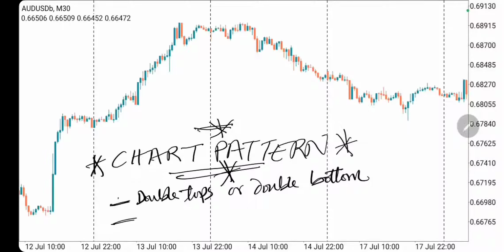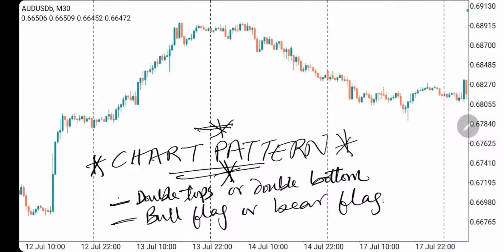Another chart pattern that you could see is the bull flag or bear flag pattern. These two chart patterns occur frequently while trading the previous day's high and low strategy.